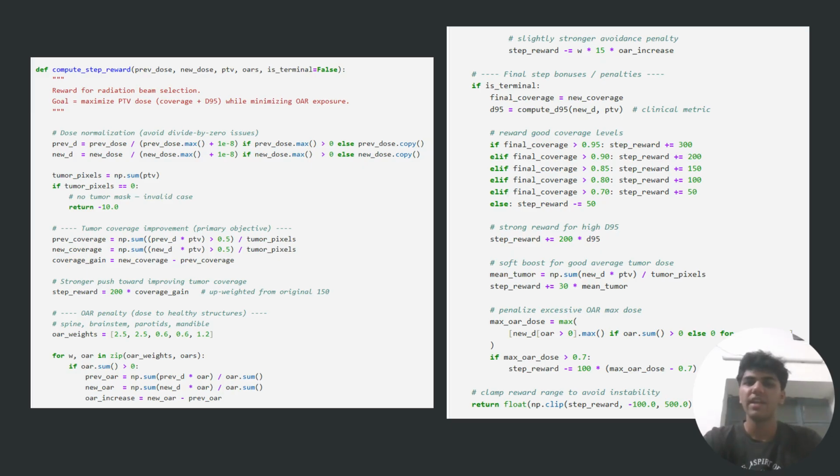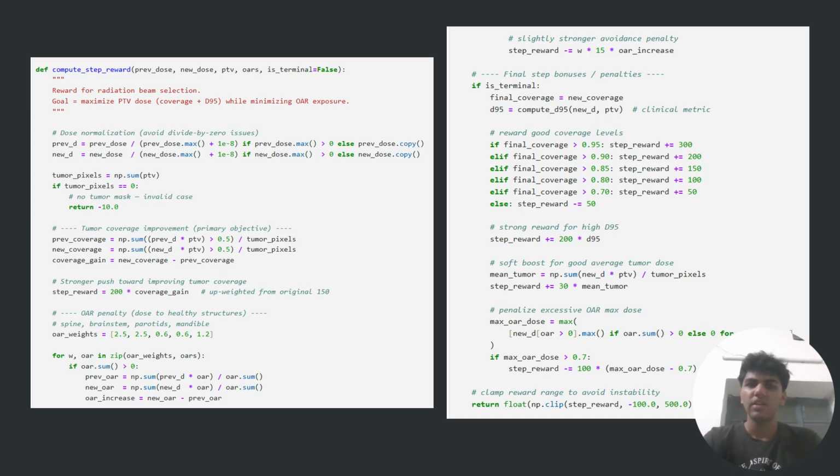Similarly, a high D95 receives a bonus or reward, encouraging not just coverage but coverage uniformity. We further evaluate the OAR dose at the end and penalize solutions where an OAR exceeds tolerance, mimicking real-world dosimetric constraints. Finally, we clamp the reward range to stabilize learning and avoid exploding values, which is a common trick in reinforcement learning pipelines.